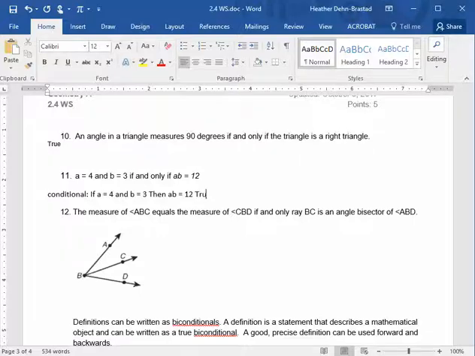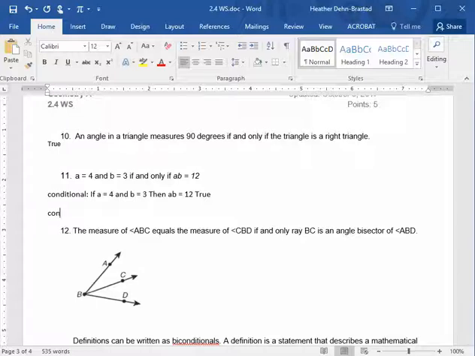This is true. Okay. Let's look at the converse of it and see if that's true too. The converse, you have to switch the hypothesis and conclusion around. So if AB equals 12, then A equals 4 and B equals 3. Is that necessarily true? If AB is 12, then A equals 4 and B equals 3.